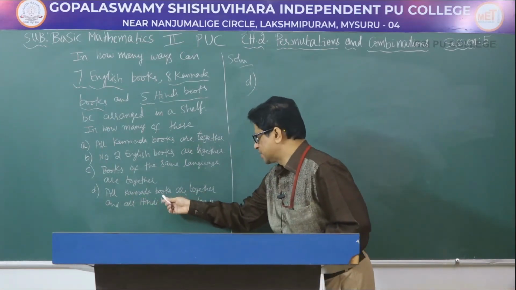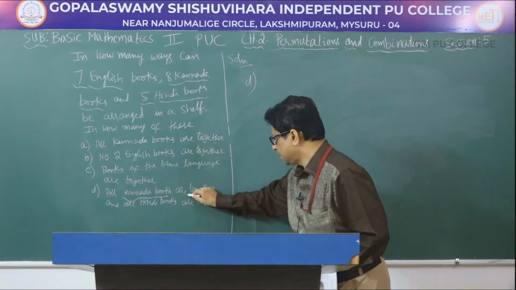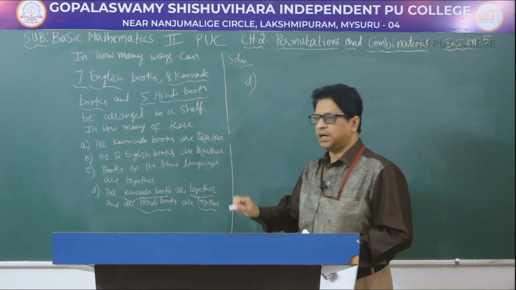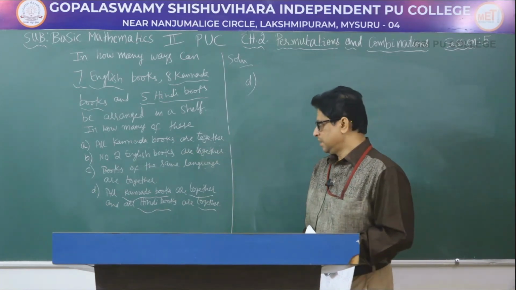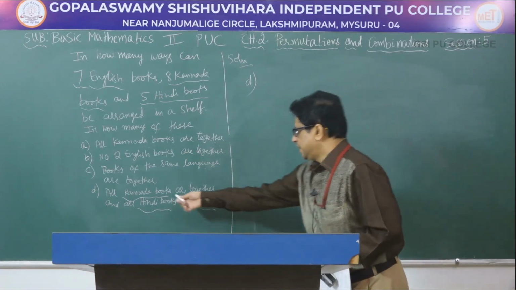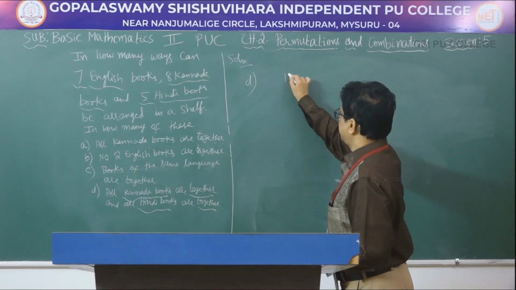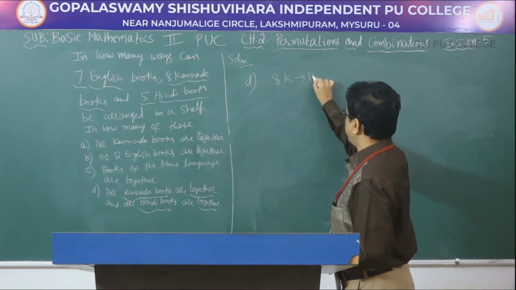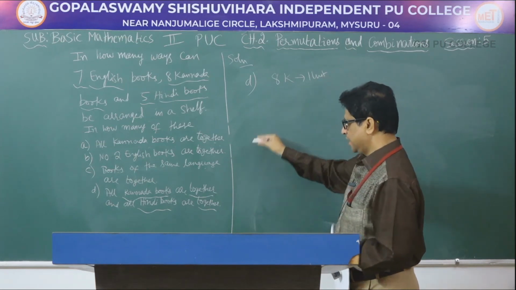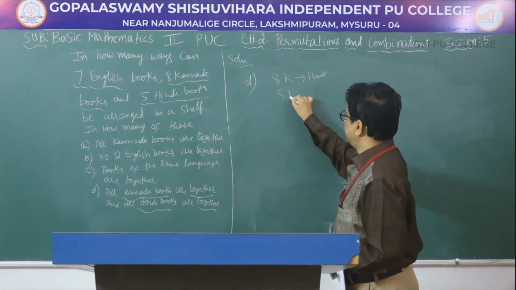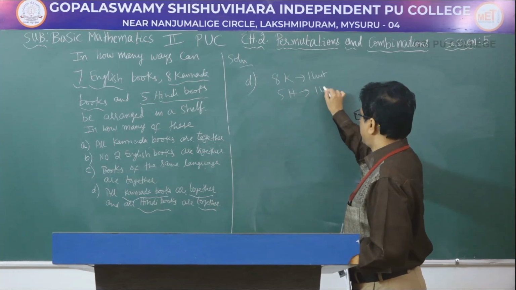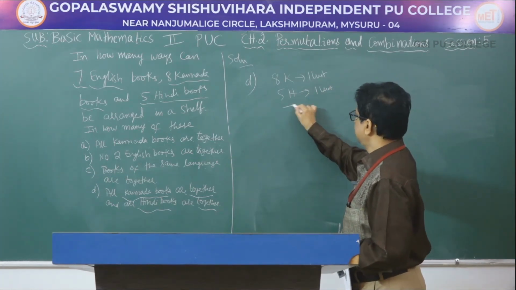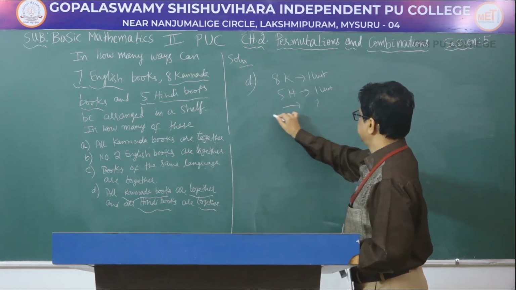So, next D. All Kannada books are together and all Hindi books are together. So, let us consider the 8 Kannada books as one unit and 5 Hindi books as one unit, and also there are 7 English books.